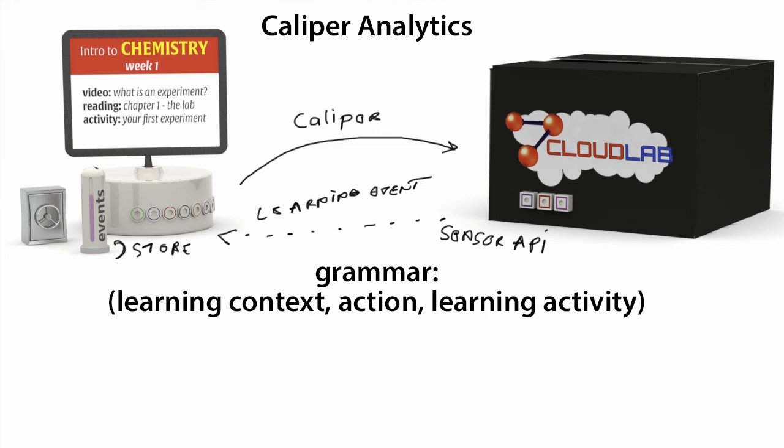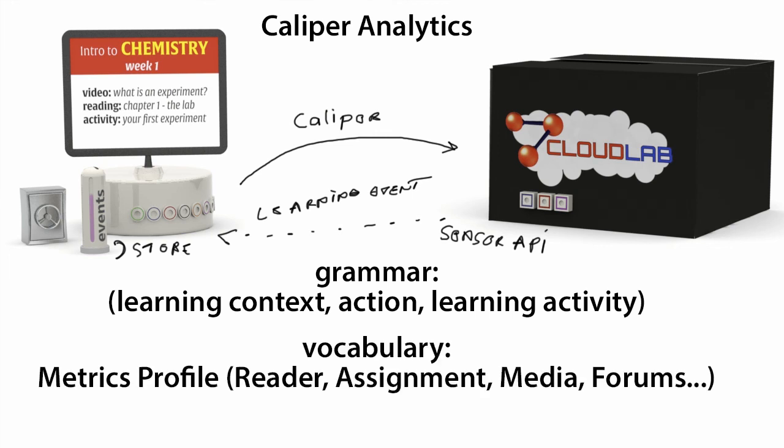And what's really important with Caliper is not just that it defines a grammar, but most importantly, it defines a vocabulary. It's going to define what are called metric profiles. They're going to normalize the description of the most common types of events and the most common types of interaction you find in the learning landscape.